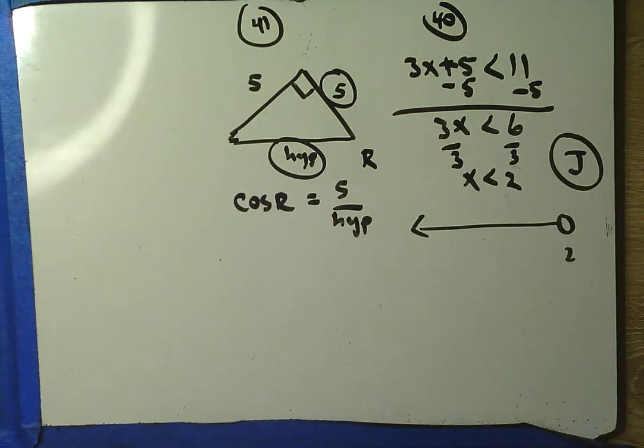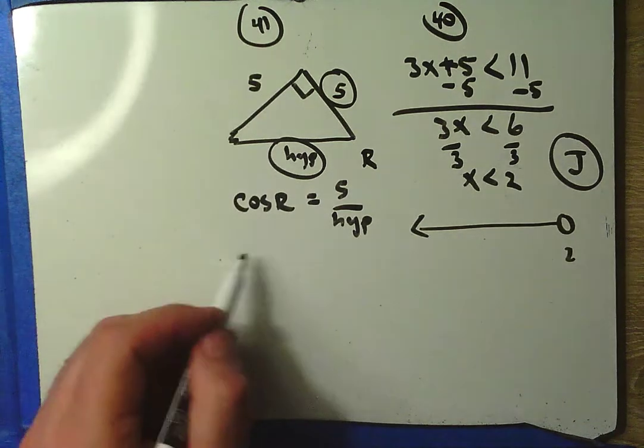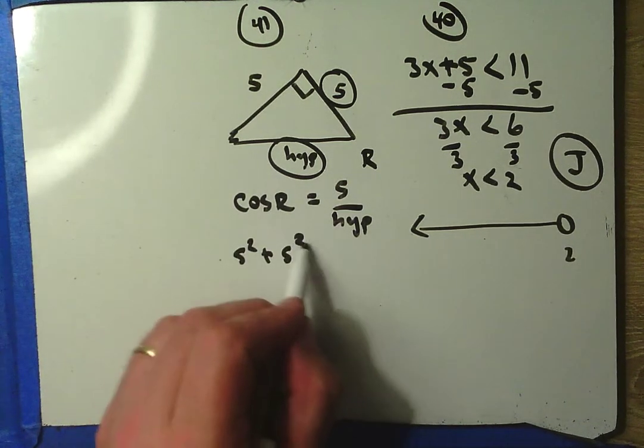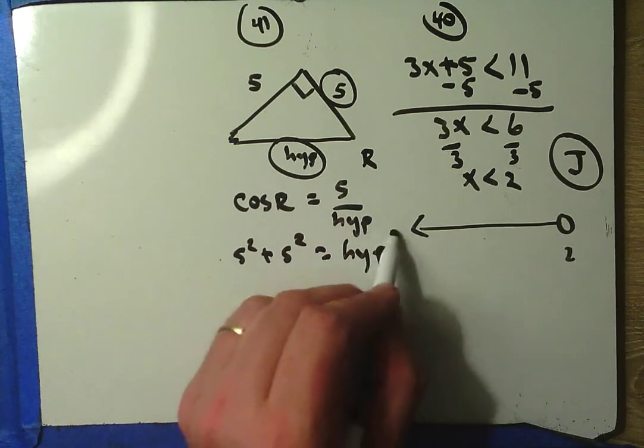Well, in this case I can use the Pythagorean theorem. When I use the Pythagorean theorem, I see 5 squared plus 5 squared is hypotenuse squared.